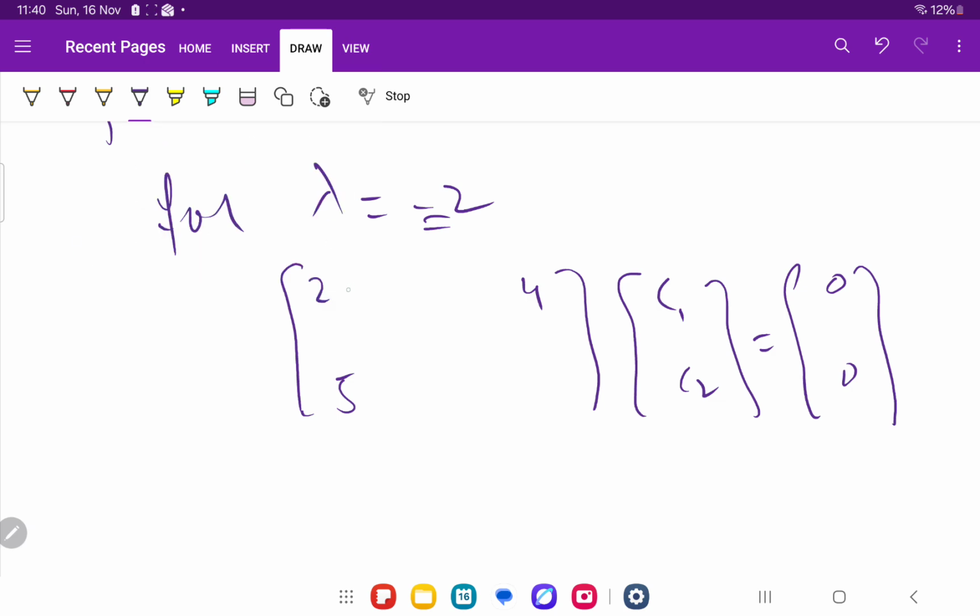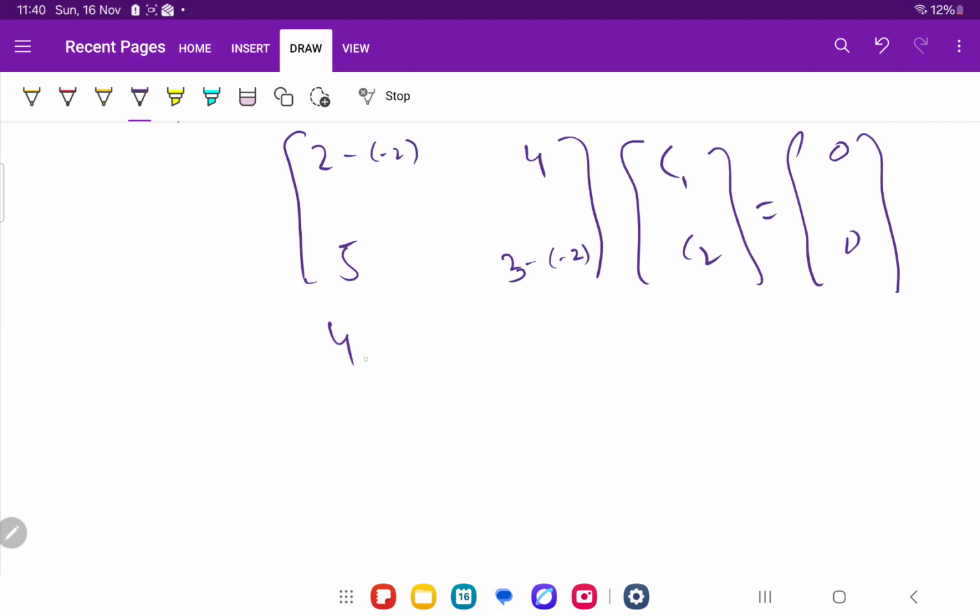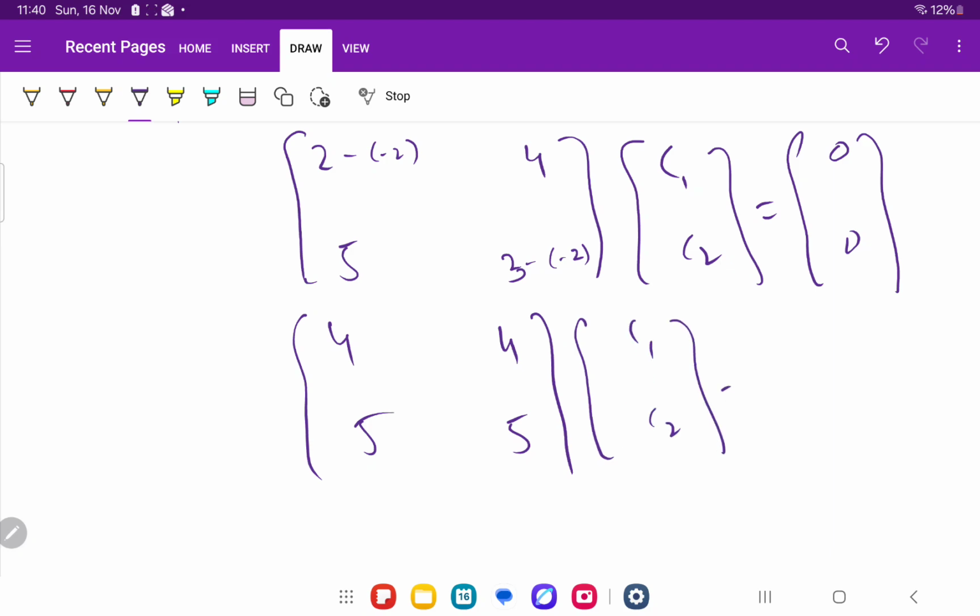So that is how we would be writing. Let me write here: minus 2, 2 minus 3 minus 2, 4, 4, 5, 5, C1, C2, 0, 0.